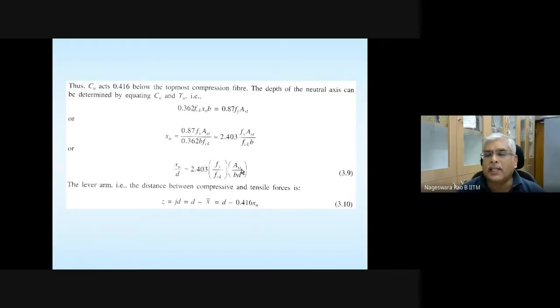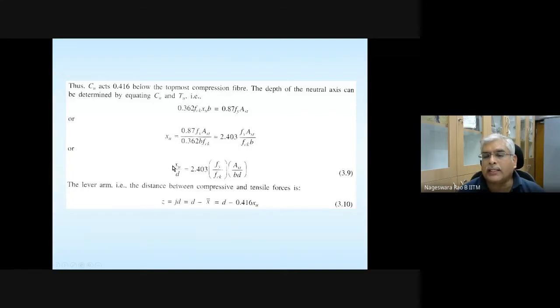So the neutral axis depth ratio is going to depend on the grade of steel, grade of concrete, and percentage of tensile steel.